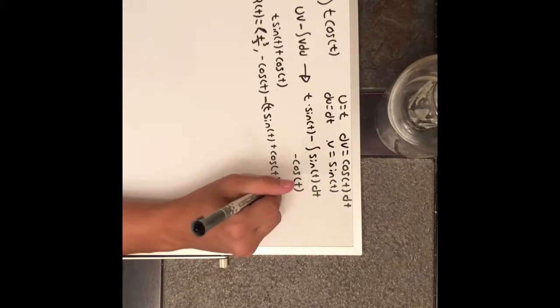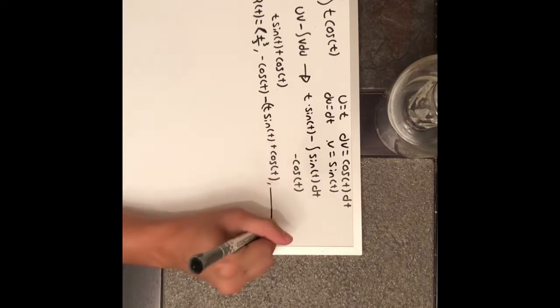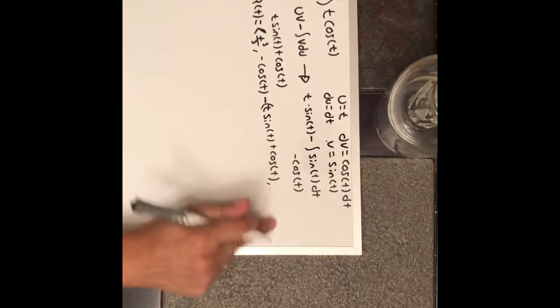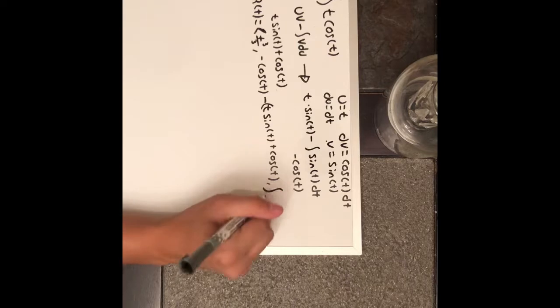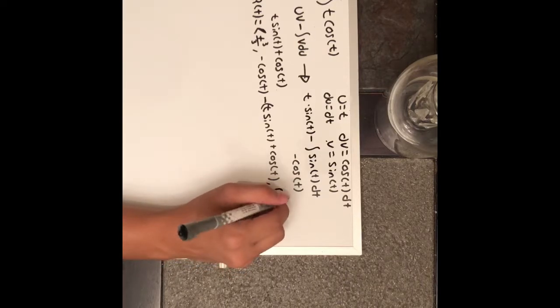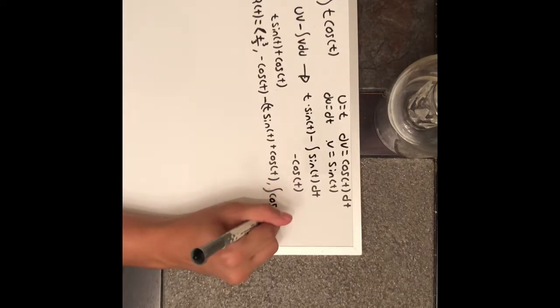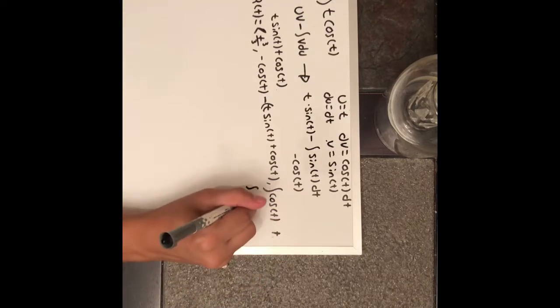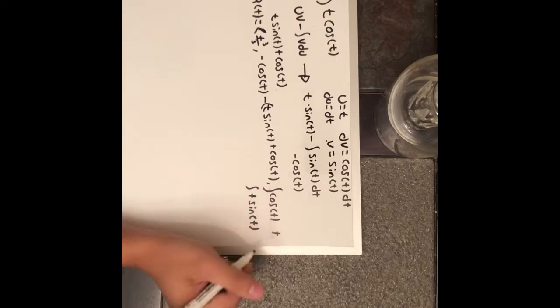Okay, and we still need to solve for this, right? So here we have the integral of cosine of t plus the integral of t sine of t.